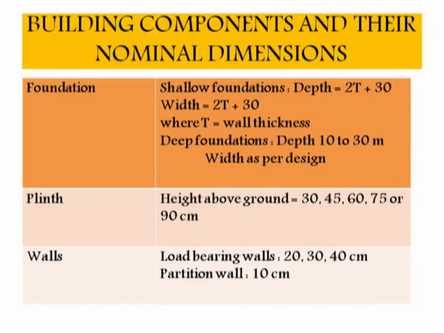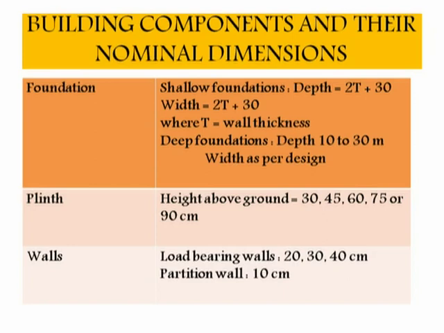The first component that we have seen is the foundation. Foundation is the bottommost component of the building, which serves to transmit the load of the building to the subsoil below. They are shallow and deep foundations, as we have seen earlier.